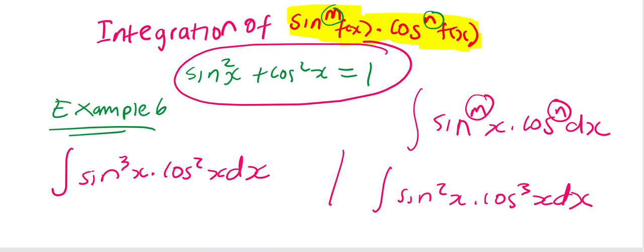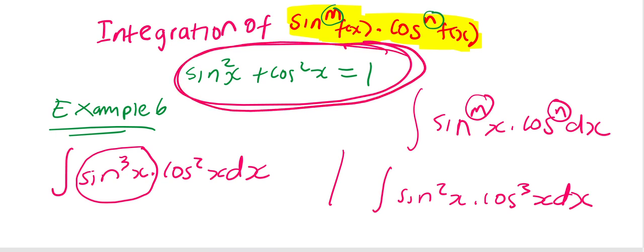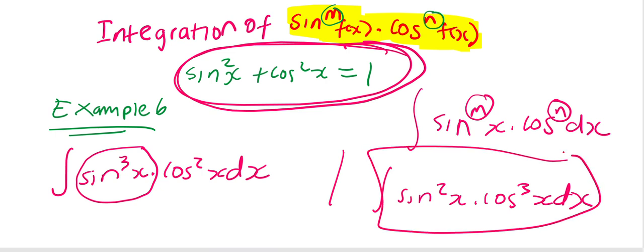Meaning you can have sine to the power of 3x times cos squared x, or sine to the power of m x times cos to the power of n x dx. This one can be odd, or this one can be odd. So this case also applies if you're integrating sine squared x times cos to the power of 3x dx. Here we'll split the sine to the power of 3 because it is the odd one, and then use this identity. On this one, we'll split the cos because the cos is odd, and then use the identity.